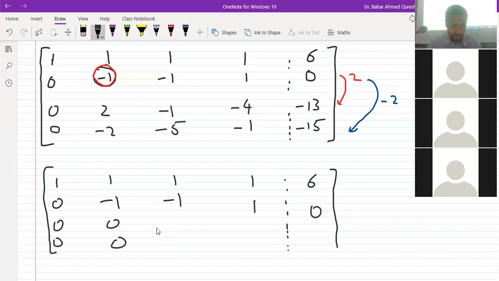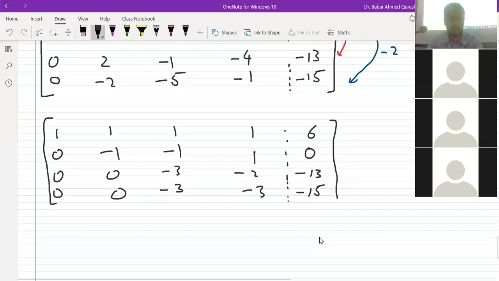And over here, I get a -3 and a -2 and a -13 because above it was a 0. It doesn't change anything over here. And over here, I get a -3, a -3, and -15. So kindly keep checking that I'm not making a mistake.